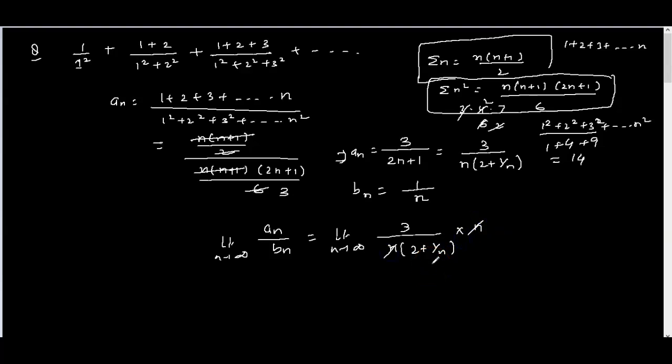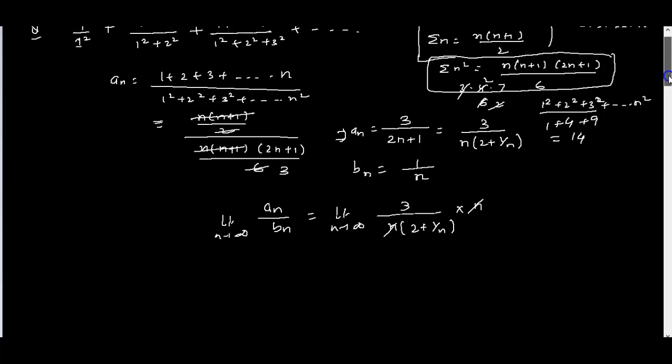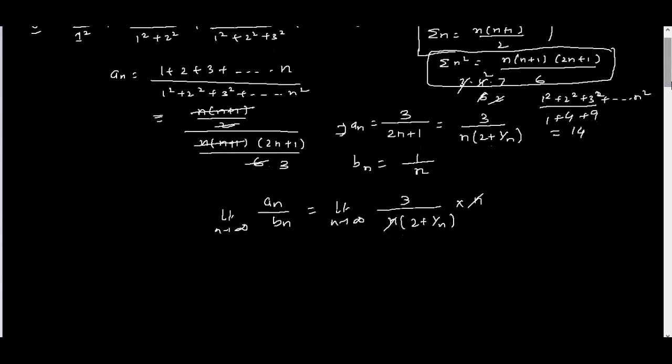A student asks: shouldn't bn be 3 by n, because we want to eliminate 3 also? No, because I told you we have to take the maximum power of the variable.